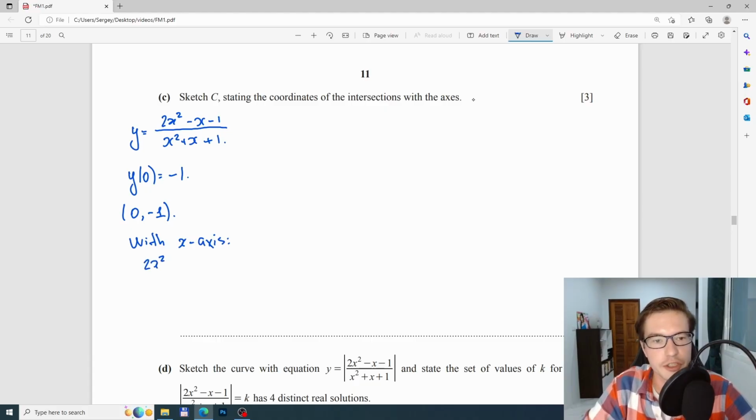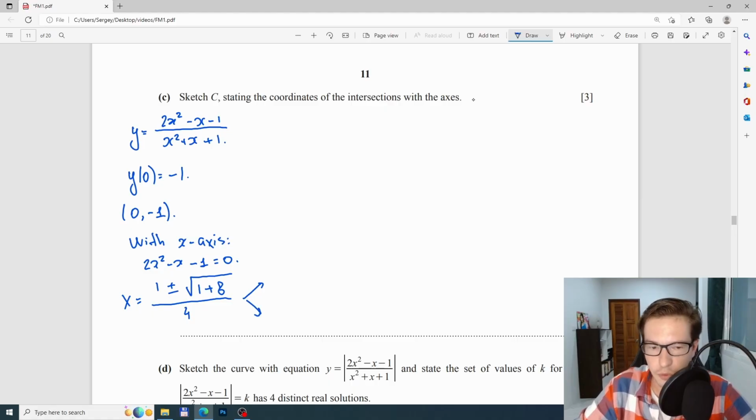That means the numerator of the fraction must be equal to 0. That's quadratics. Let's use the quadratic formula. 1 plus or minus square root of b squared, 1 minus 4ac, 8, divided by 2a, which is 4. And we get 1 or negative half. Okay, so our points are going to be minus 1 over 2, 0, and 1, 0.